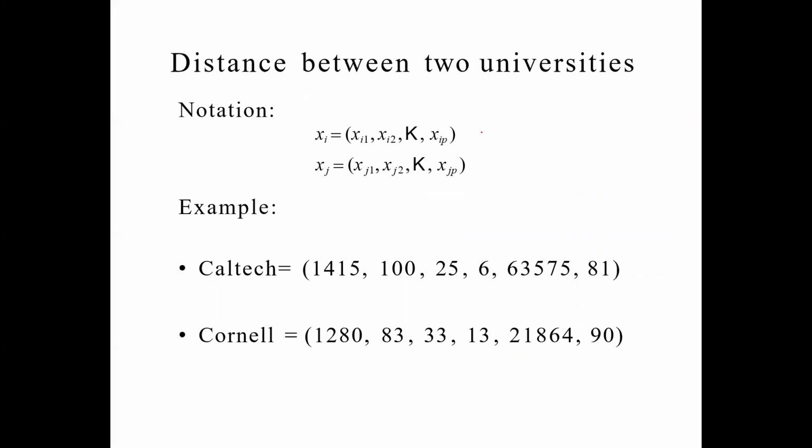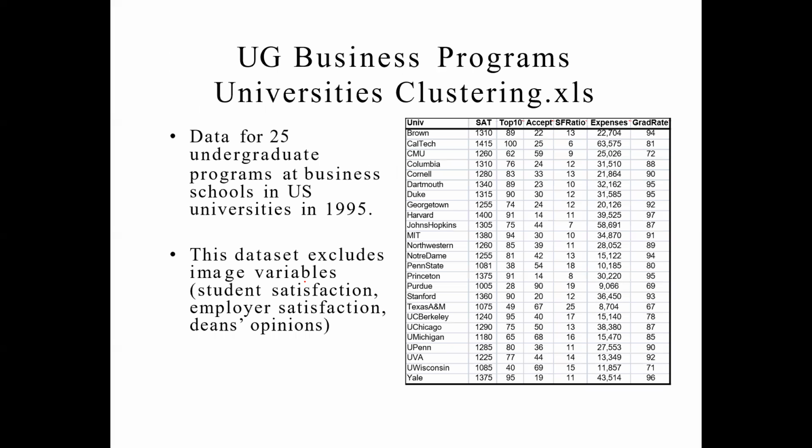Consider the distance between two universities, for example Caltech and Cornell. These are the two objects, and you know how to calculate the distance between them. You can use Euclidean distance here. These are the different values that represent the university objects, taken from this data set.